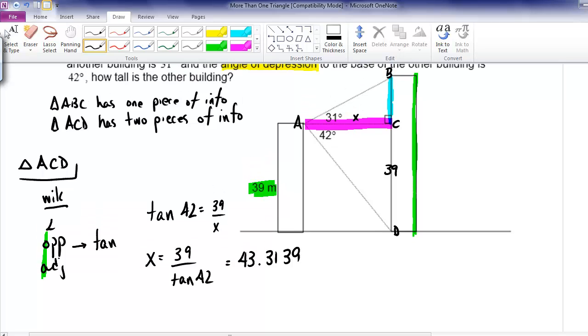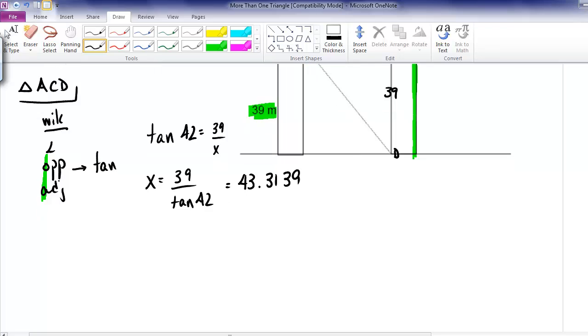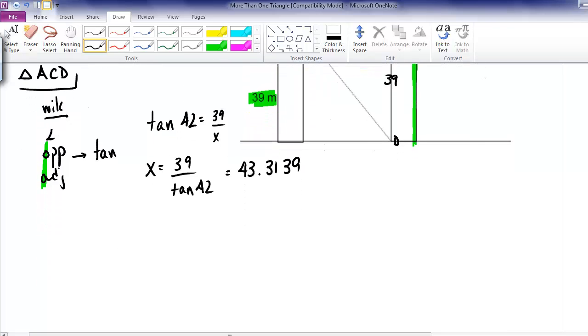Now what I know is, in the top triangle, I have an angle and I have a side, and I should be able to figure out the other side. So let's look at triangle ABC. What do I know? I know the angle, I know the side adjacent, and I want to know the side opposite. And again, SOHCAHTOA points me to the tangent ratio.